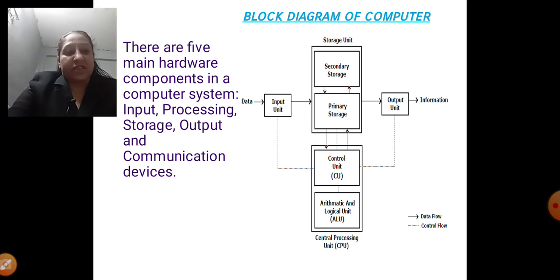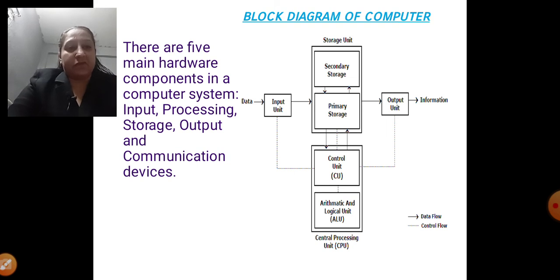Now to emphasize more on this, you can see there are 2 types of flow lines over here. Downside, in the right side corner there are 2 arrow signs. One is the dotted one and the other one is the dark arrow sign. The dark arrow sign is called the data flow. Another one, the dotted one, is called the control flow.